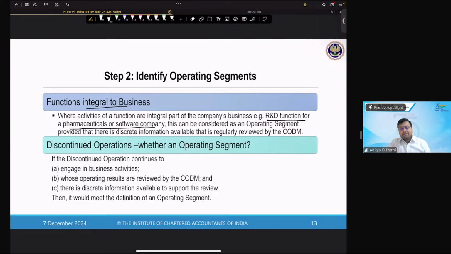You would have studied in Ind AS 38 that development is the application of research findings. But in the research phase I do not know whether my product will be a success or not. Therefore, all the costs that I incur in my research phase have to be mandatorily expensed. Are you able to understand?